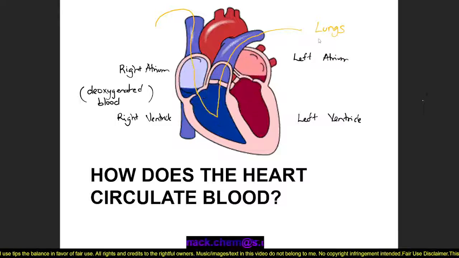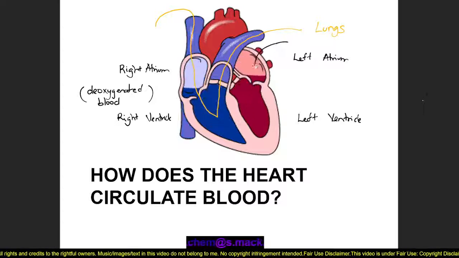This deoxygenated blood goes to the lungs, becomes oxygenated, and returns to the left side of the heart. And we're going to see it pouring into the left side of the heart here. When the left side of the heart squeezes, this blood will exit the heart and go to the body.